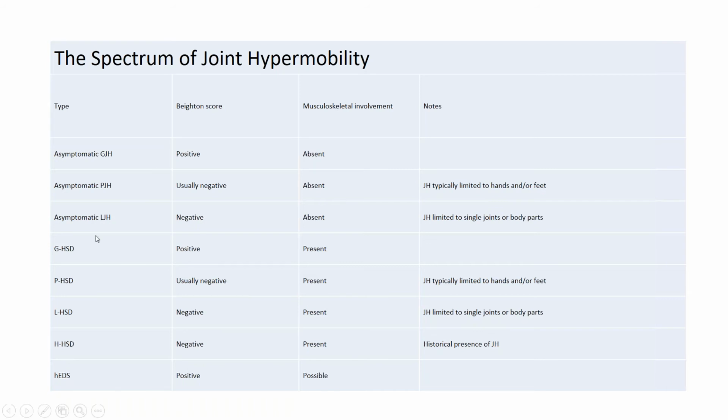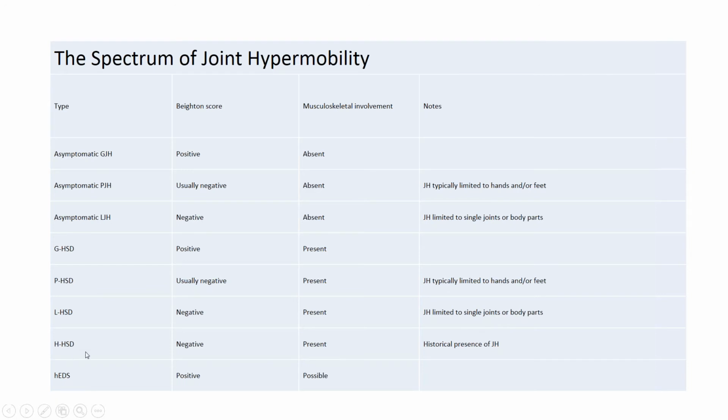This was just a way of acknowledging that there is a group of people who are symptomatic and have some degree of hypermobility, but do not meet the rather strict criteria that were established for hypermobile Ehlers-Danlos syndrome in 2017.